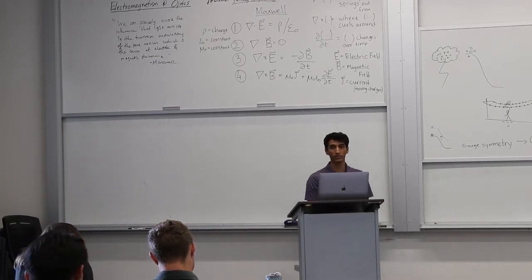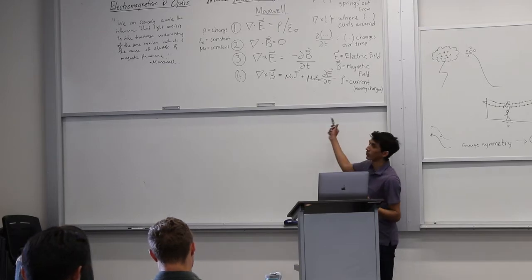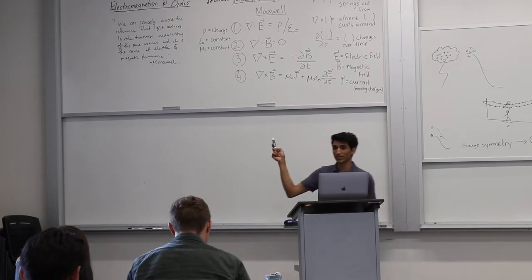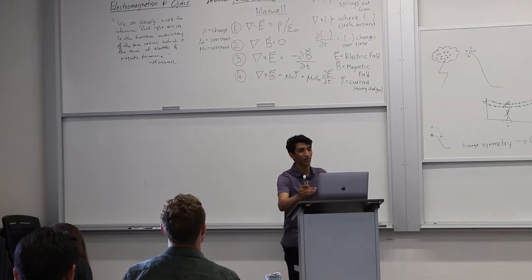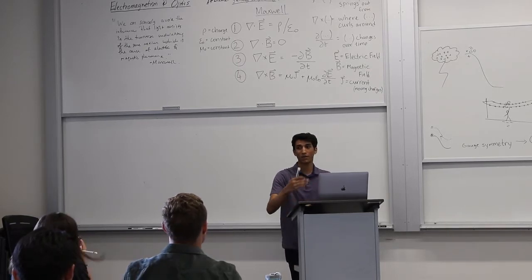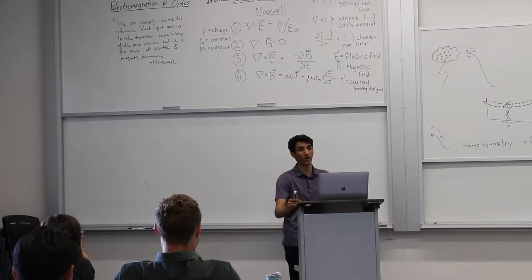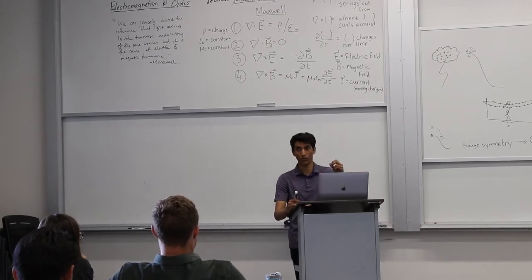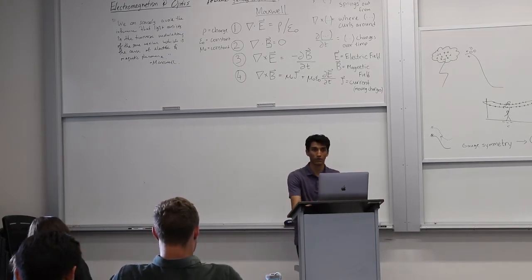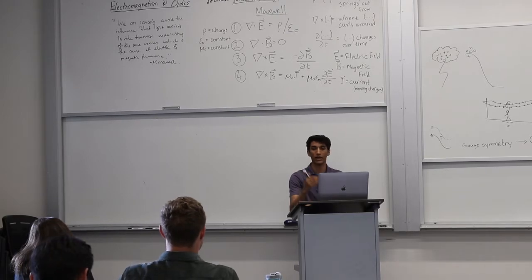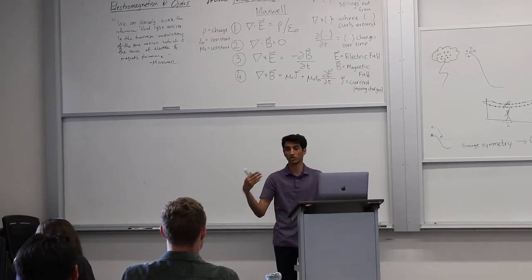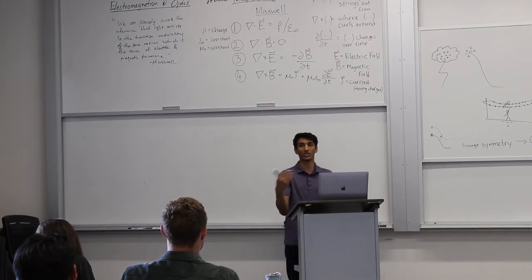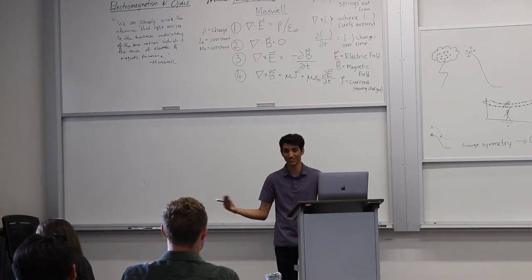It actually arises from Maxwell's equations. Maxwell wrote down these equations and he noticed there's a funny quirk about them. When I get rid of charge, suddenly I get this phenomenon where when I oscillate the electric field, I end up with a changing magnetic field. The magnetic field then changes the electric field, which then changes the magnetic field, which then changes the electric field.